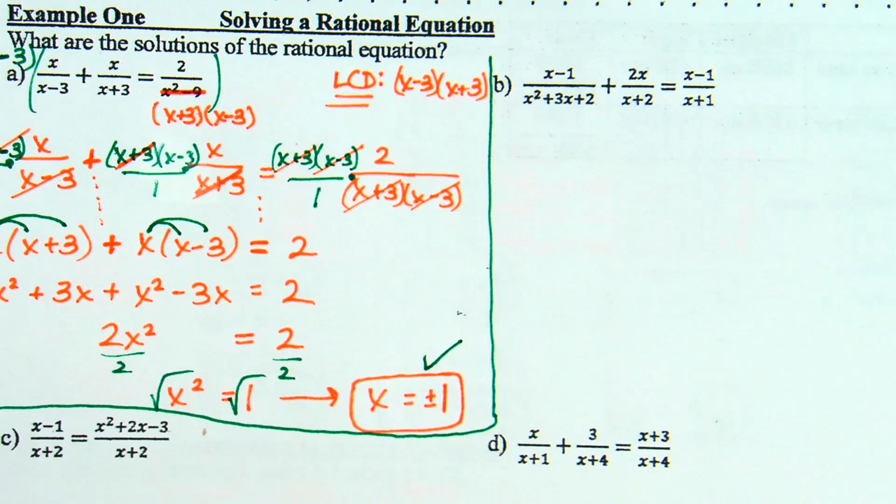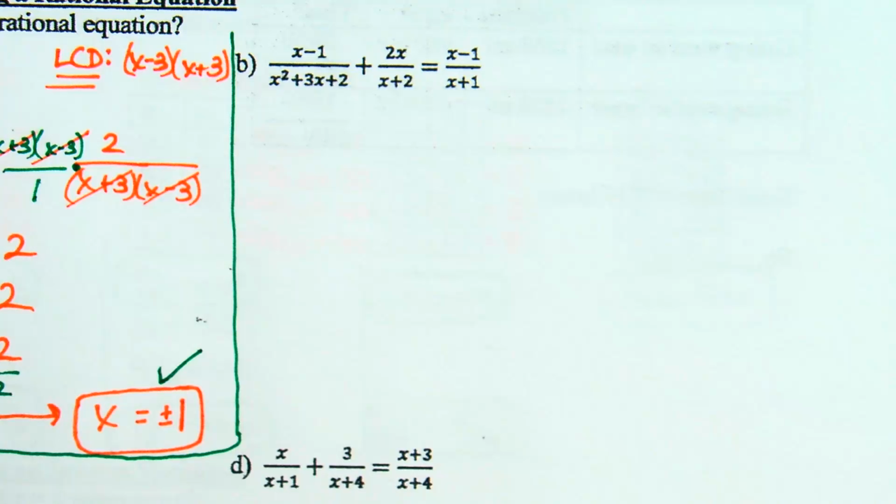x minus 1 over x squared plus 3x plus 2, plus 2x over x plus 2, equals x minus 1 over x plus 1. Thoughts on where to begin? If your denominators are not factored, you need to get them in factored form, right? Because if they're not factored, you're not going to be able to find your common denominator.